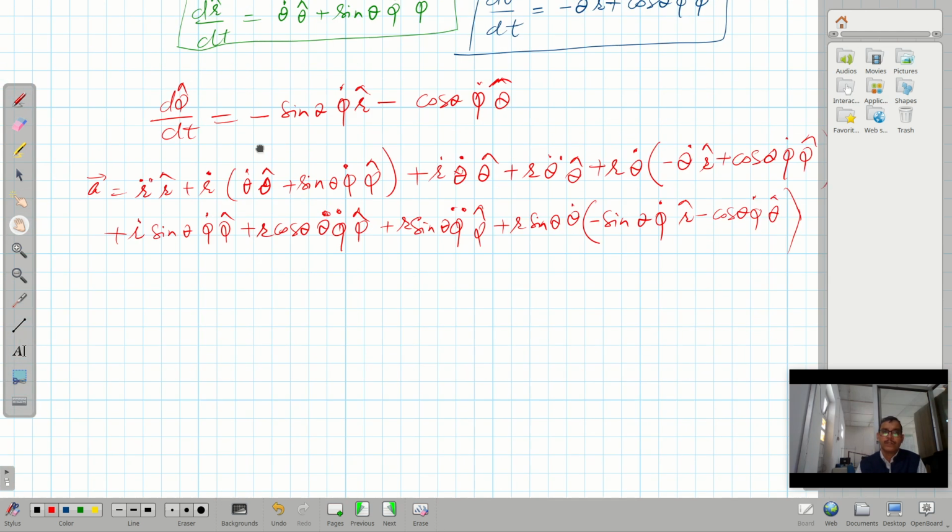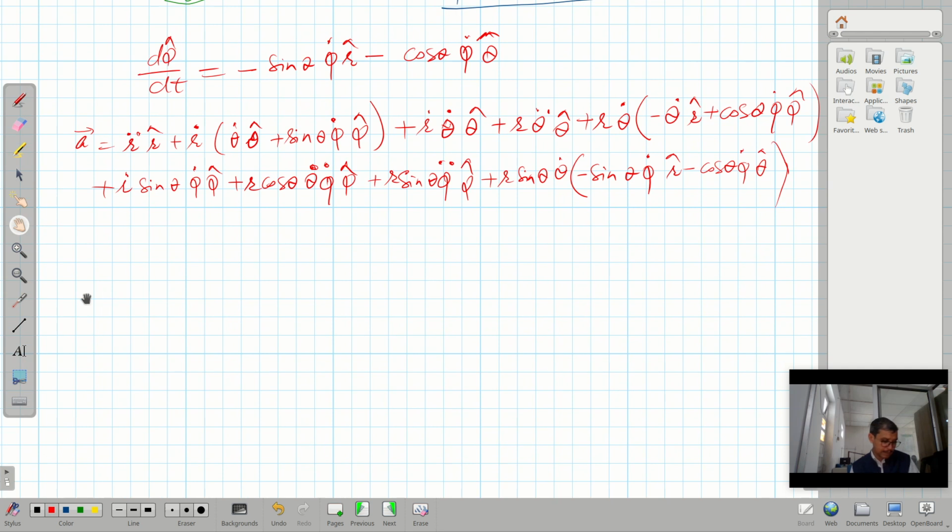So therefore let us put all the terms together. The r cap is separate and the theta cap is separate. So what will it be? This is one term, so it is r double dot, where r cap is sitting here, and another r cap is sitting here.